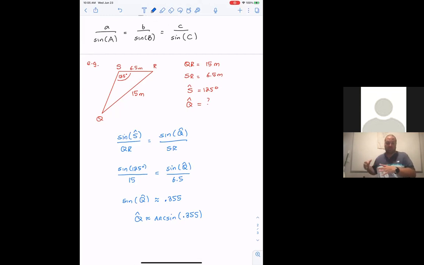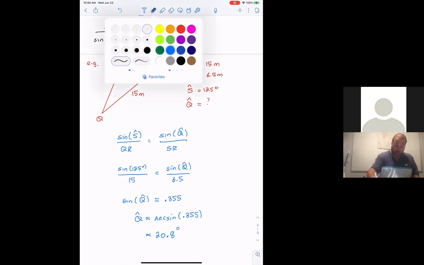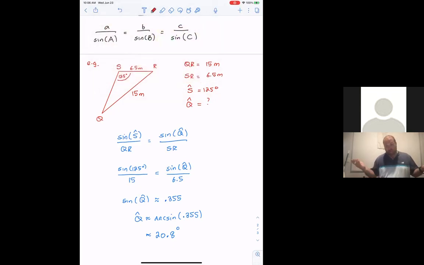Arc sine of sine Q hat, which is just Q hat, equals arc sine of 0.355. Again, make sure you use all decimals, even though you're only writing 0.355. And when I do arc sine of the answer on my calculator, I get that Q hat is approximately 20.8. 20.8 what? 20.8 degrees. We just found an angle. If you don't write that, no units, it's wrong.